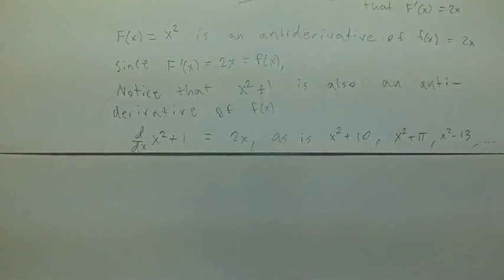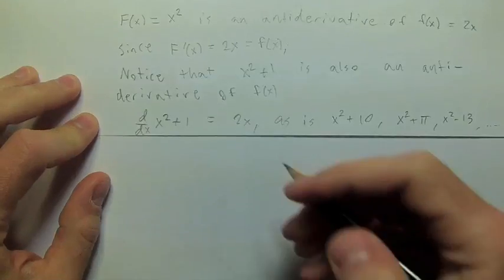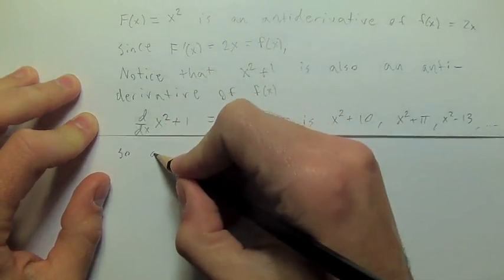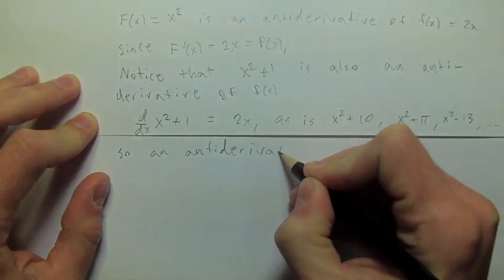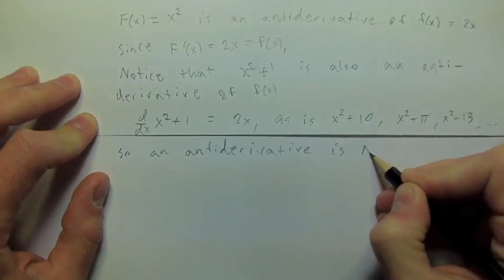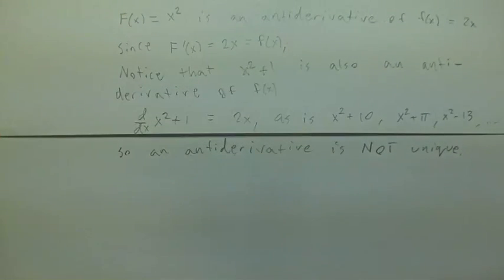So this brings up a really interesting concept of the antiderivative, which is that an antiderivative is not unique. That's why I say an antiderivative instead of the antiderivative, because for each function, say 2x, it has a countless number of antiderivatives.